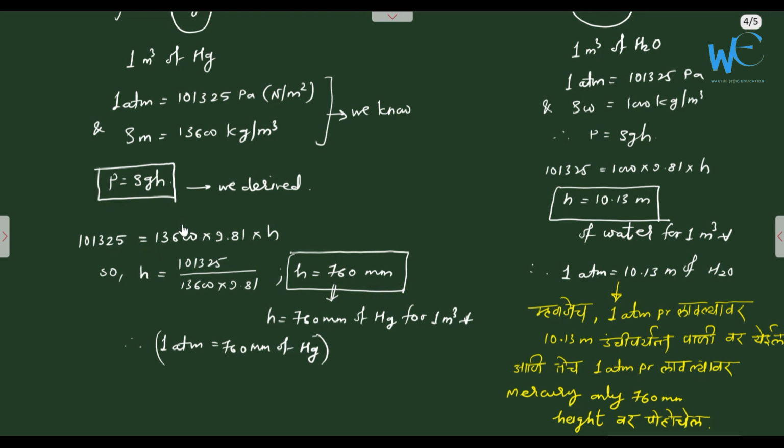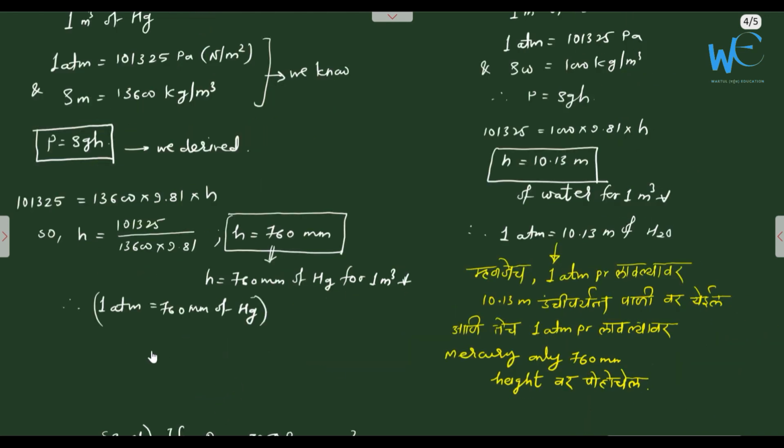If I put all values, we get h is equal to 760 mm of Hg, means 760 mm of mercury, for 1 meter cube of volume. So 1 atmosphere is equal to 760 mm of Hg.